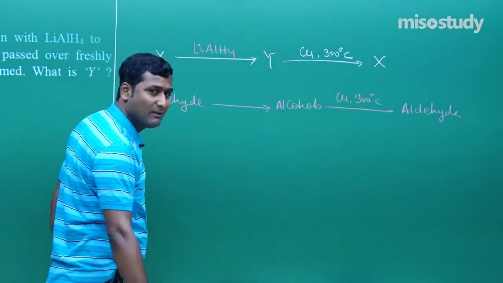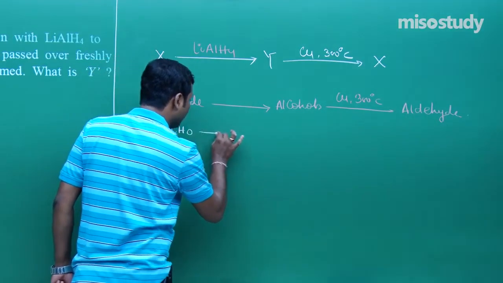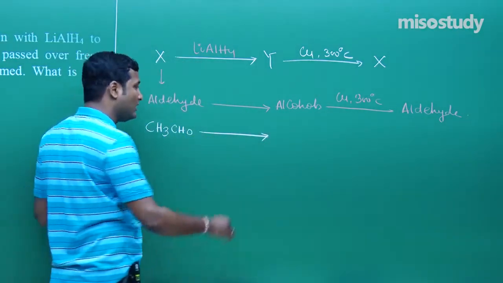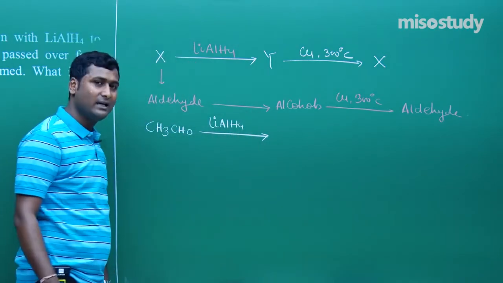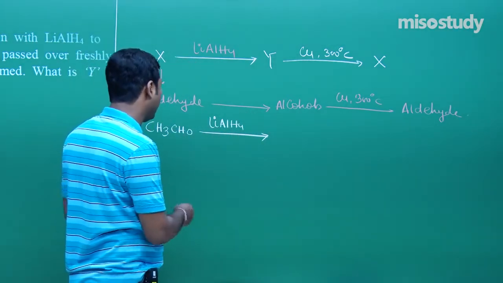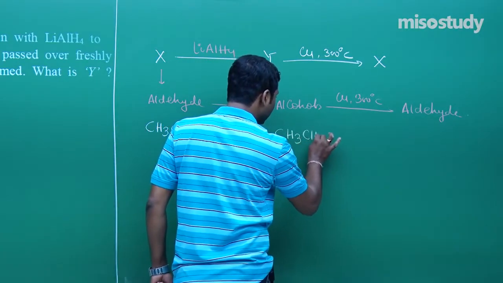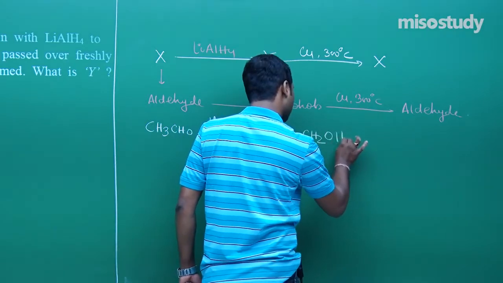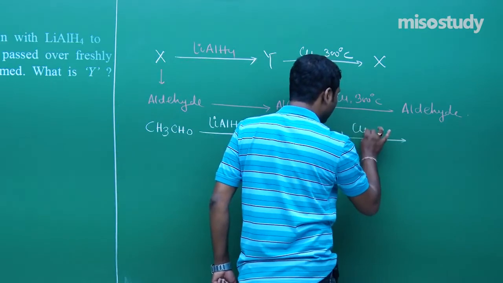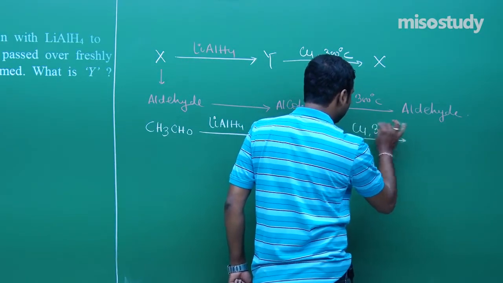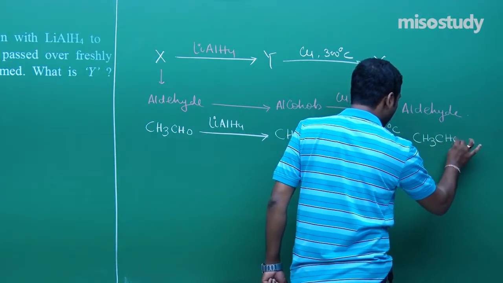Now put the values. If I take a general example, CH3CHO, that is acetaldehyde, on treatment with LiAlH4 gives the alcohol CH3CH2OH. On treatment again with copper at 300 degrees Celsius, it gives CH3CHO.